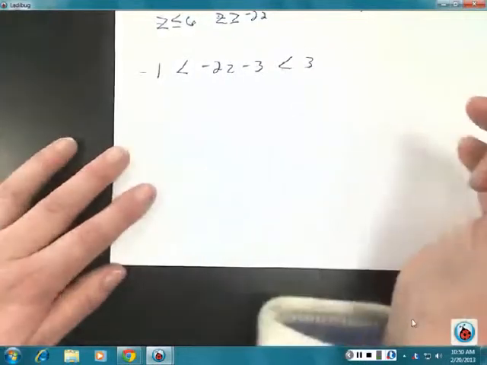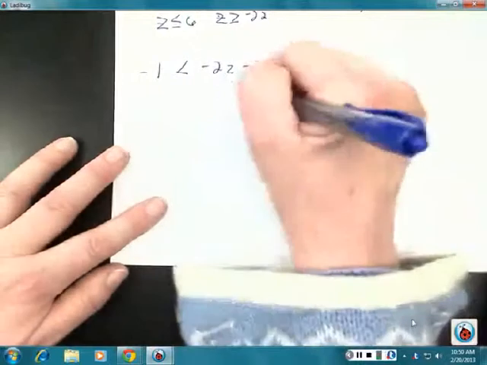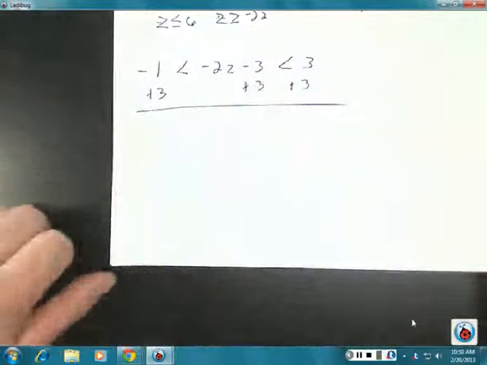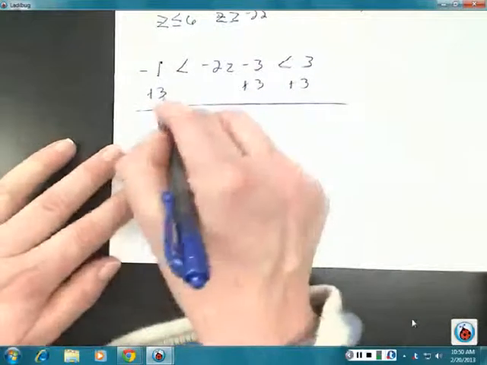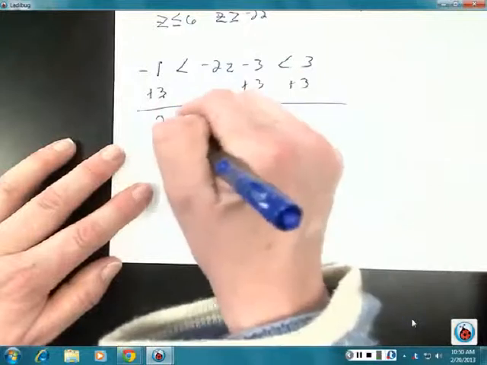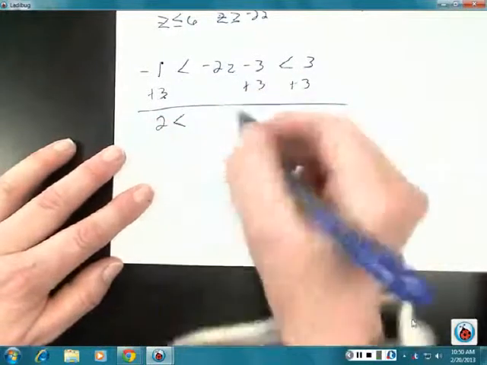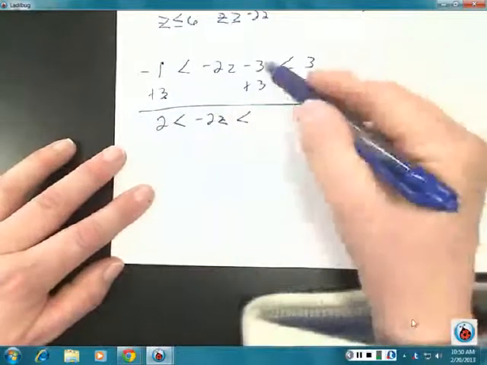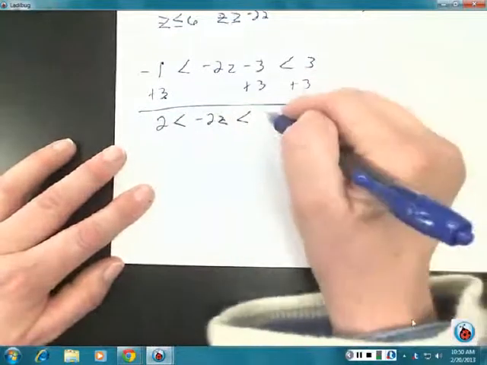We're going to add 3 to everybody. So negative 1 and a positive 3 is 2. Negative 2z is in the middle. Less than, because the 3's are gone, 3 plus 3 is 6.